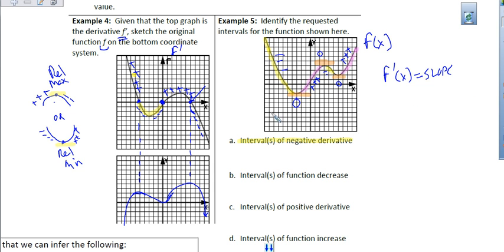Okay, it looks like this function continues in this fashion forever, so we're going to call that negative infinity. And where does it change directions, basically? It changes directions here when x is, looks like about a negative 1, 2, 3. That's a negative 3.